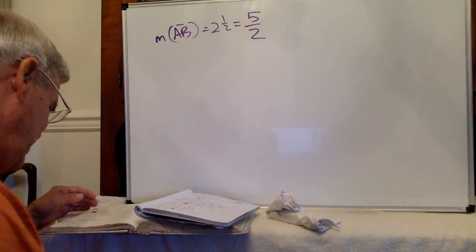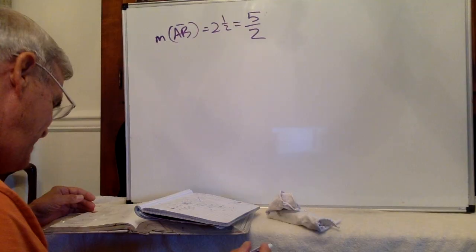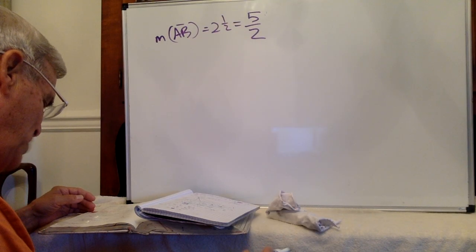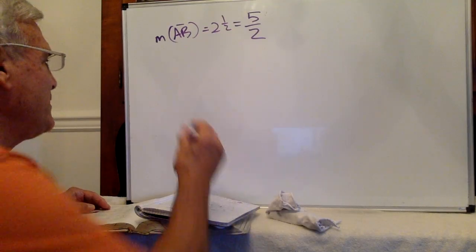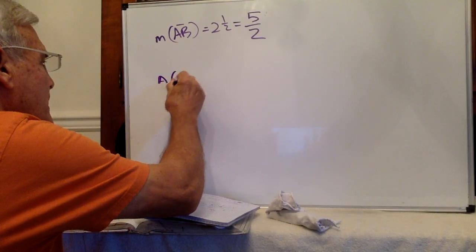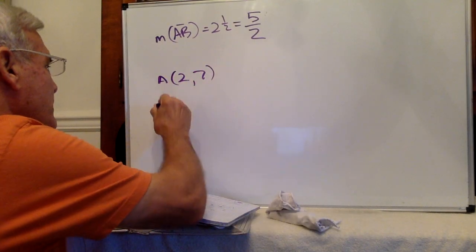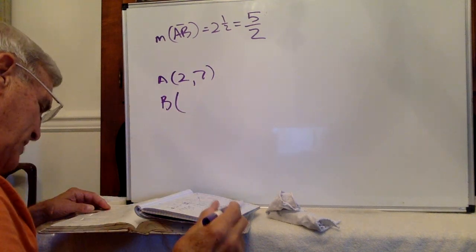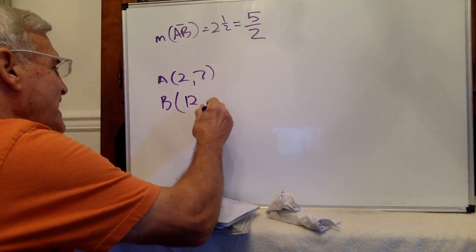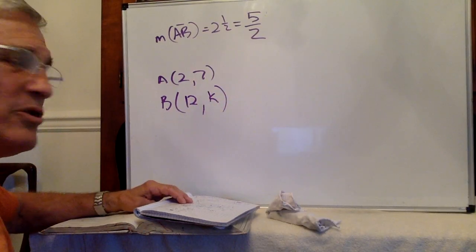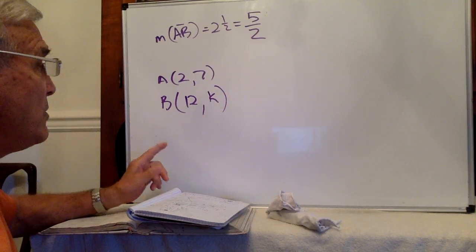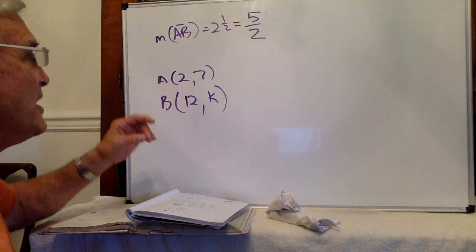And the question then said, if point A is the point (2, 7) and point B is the point (12, K), find the value of K. Well, again, use your slope formula.